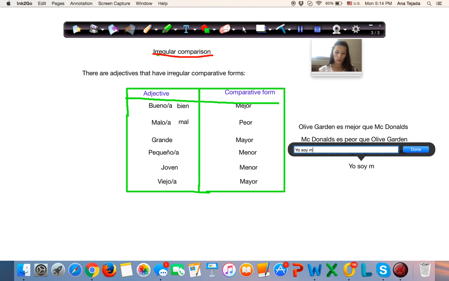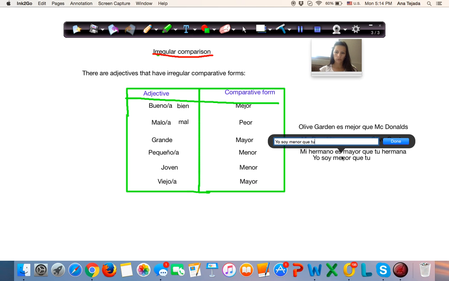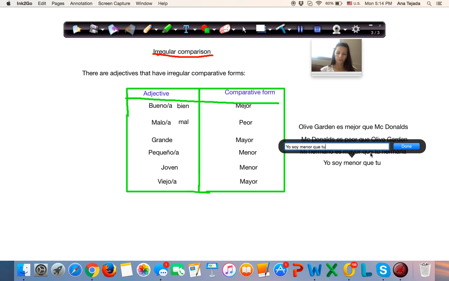Yo soy menor que tú. That will be to refer to age, meaning that you are younger than someone else. Yo soy menor que tú. I am younger than you. Mi hermano es mayor que tu hermana. My brother is older than your sister.